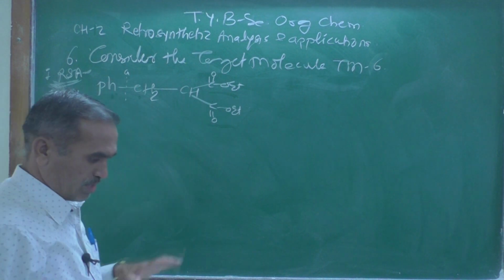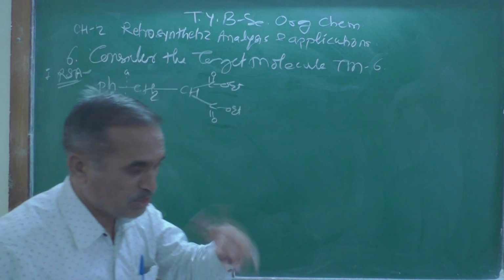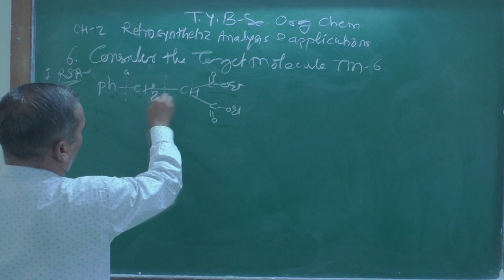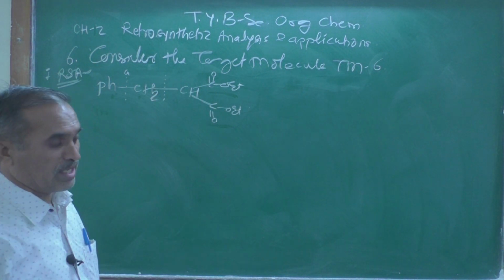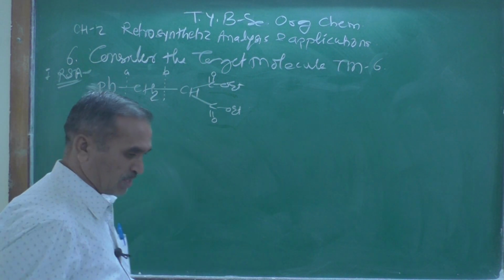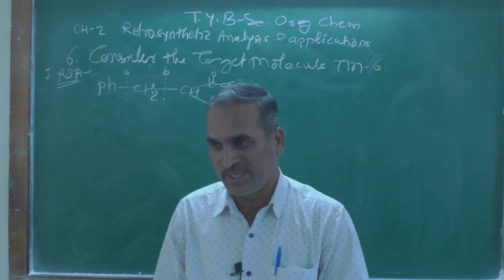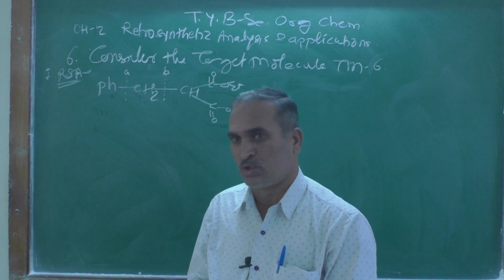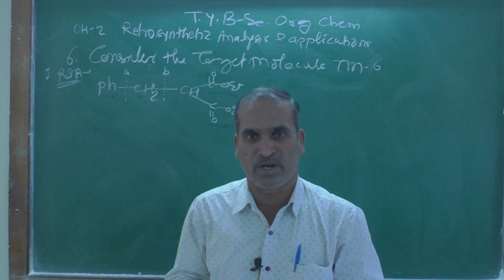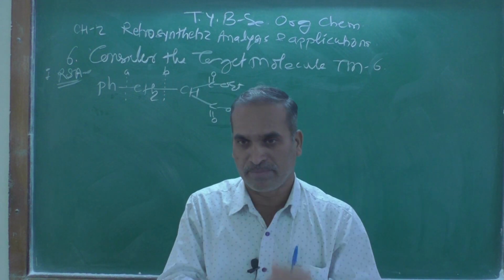This is one possibility of breaking a bond. Another, look here, I can break this other bond, which I am showing as B. So there are two routes. I can break these two bonds in two different ways, A and B.